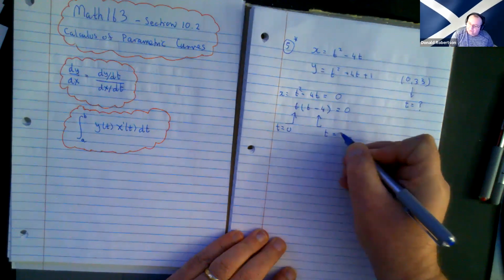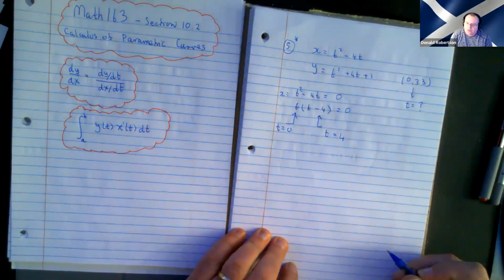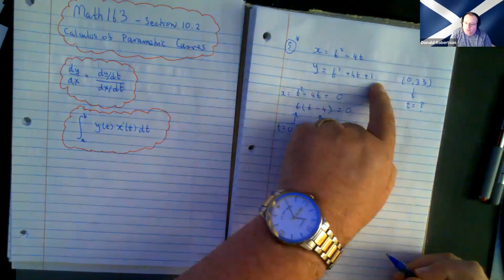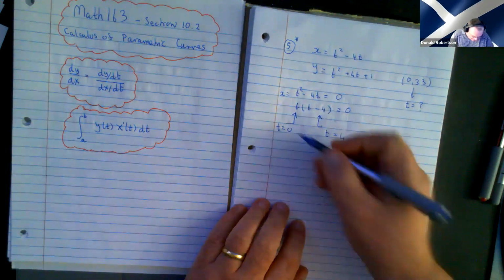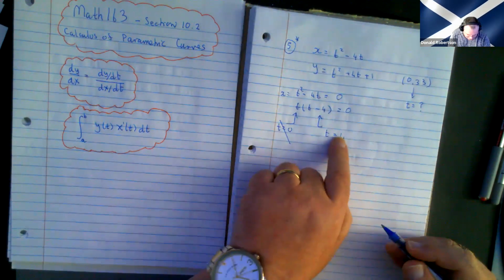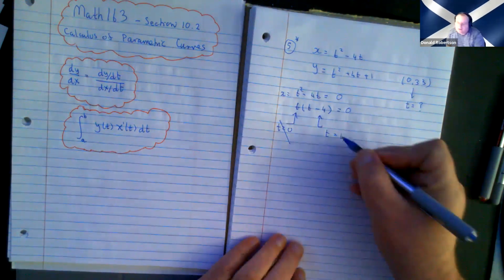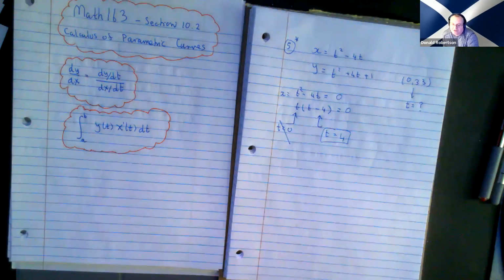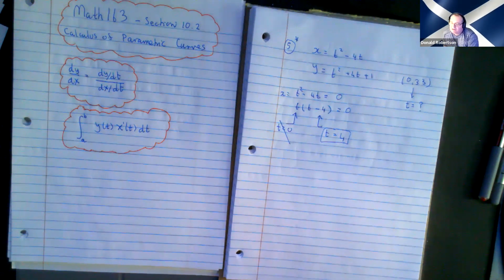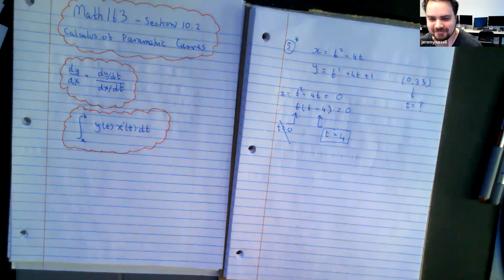If you plug this one in, you get a y coordinate of 1, so that's no good. If you plug this one in, you get the y value of 33, and there we got it. Kind of paraphrasing what you said, is that essentially what you did? I did more guess and check style.